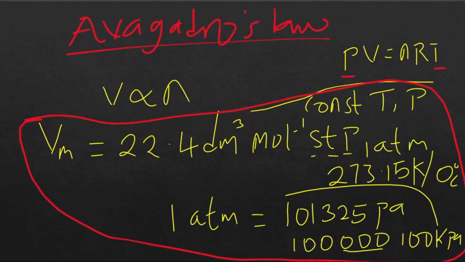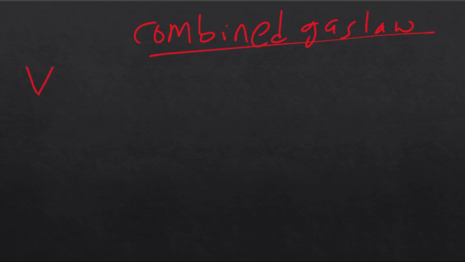Now that we know all three gas laws, we can combine them into what we call the combined gas law. The first is that volume is inversely proportional to pressure. The second is that volume is directly proportional to temperature. The last is that volume is directly proportional to the amount of gas present.